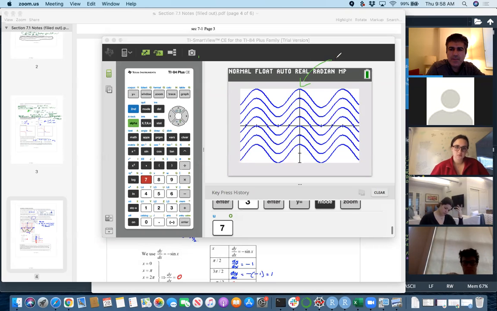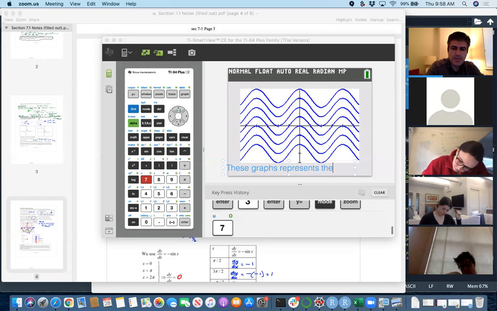So this represents the graphical solution. Actually, let me be smart about this. Let me do it as a text box. There we go. These graphs represent the graphical solution for dy over dx equaling negative sine x.